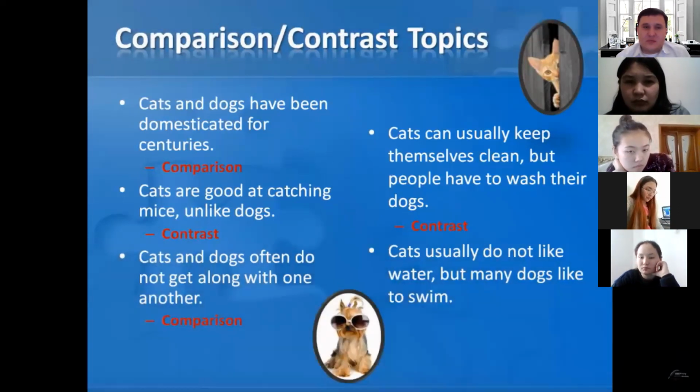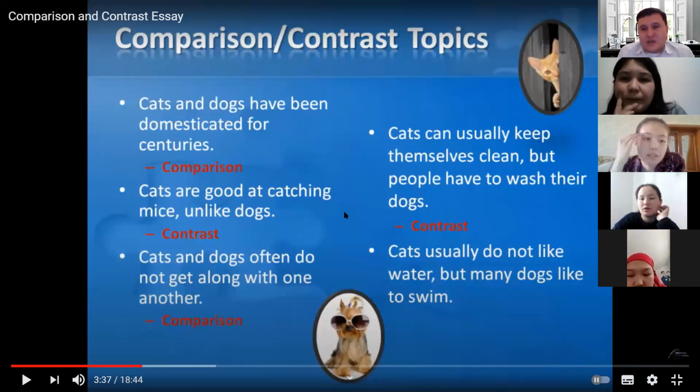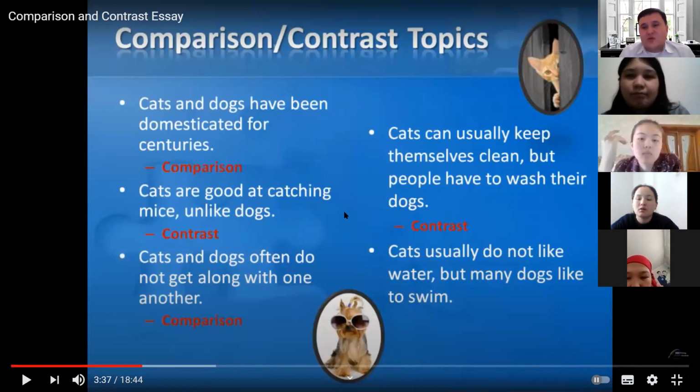Cats usually do not like water, but many dogs like to swim. Okay, contrast. The clue word is but.